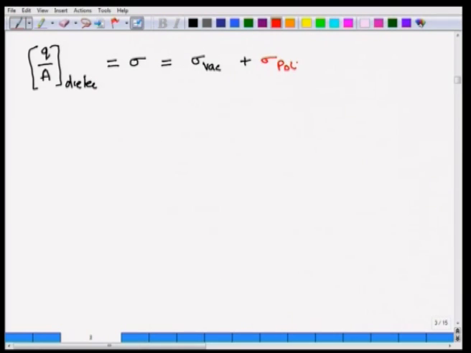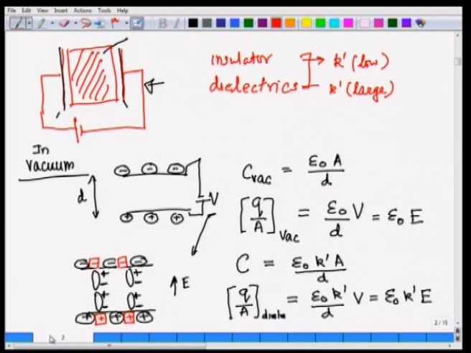What do I mean by that? What I mean by that is that this black charge which you are seeing here corresponds to this Q by A, which is sigma vacuum. You can write this as sigma vacuum. And this is sigma, the total surface charge we are getting when you inserted the dielectric.